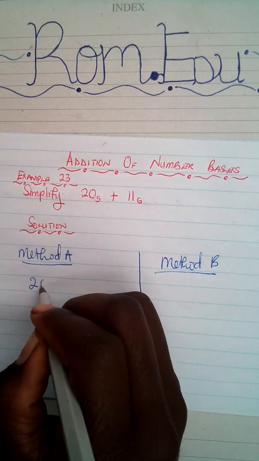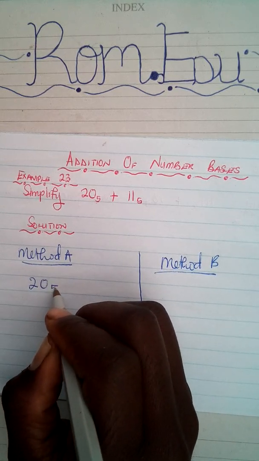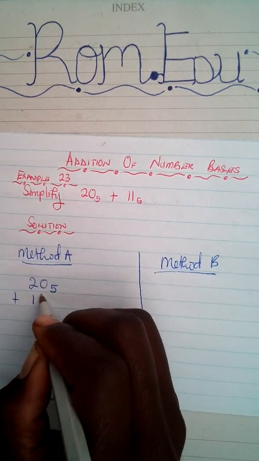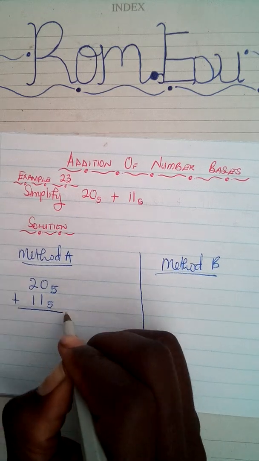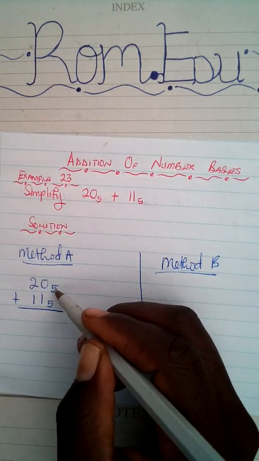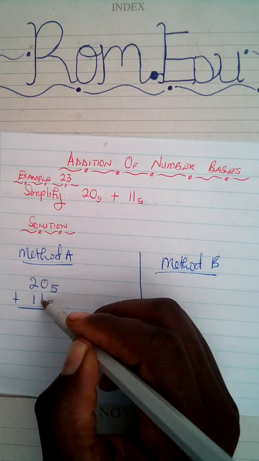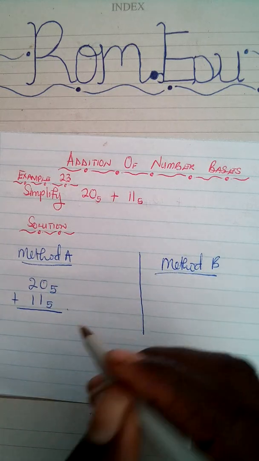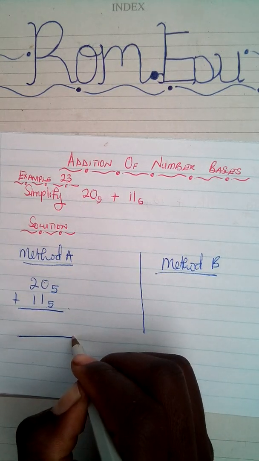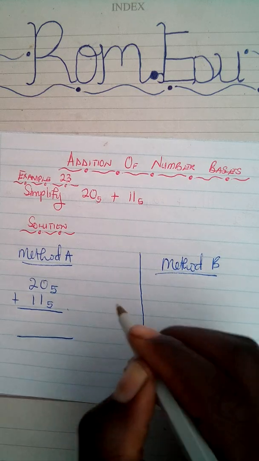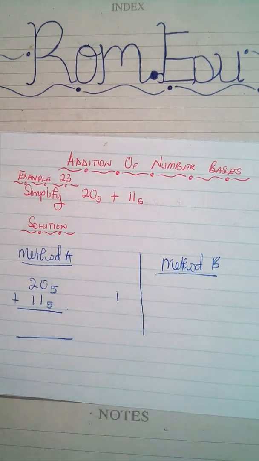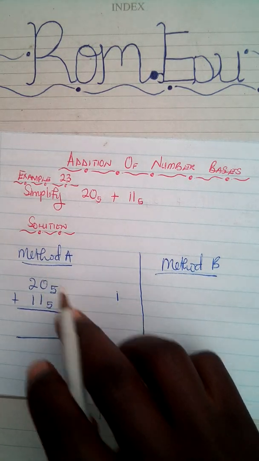So I do this 20 base 5 plus 11 base 5. Then I say 0 plus 1. Whatever I get, remember, so 0 plus 1 is 1. Then I divide it by the base.